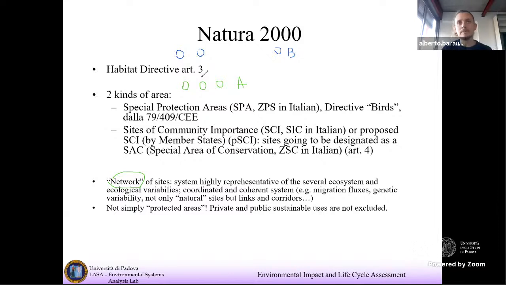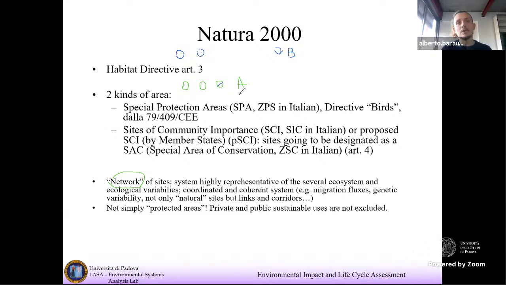Which configuration do you think is better for biodiversity? The two configurations have the same surface. So this and this are the same, this and this are the same, this and this are the same.